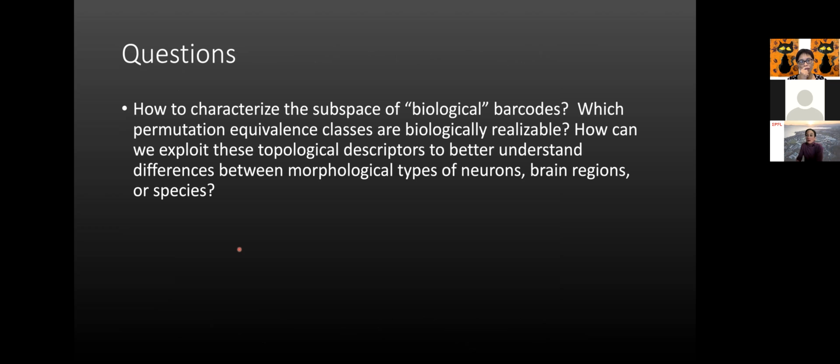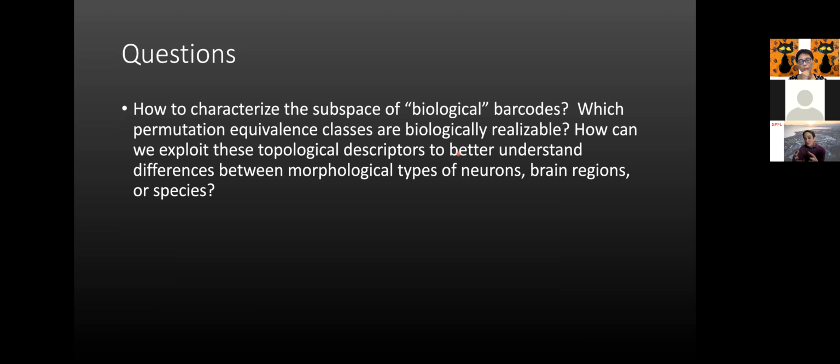So the questions we're interested in considering now are some on the order of biological. And this is where, if you're interested in trees for another reason, you could be interested in analogous questions. So clearly, not all barcodes are going to show up in the TMD of actual neurons. So how can we characterize those that do? Which particular permutation equivalence classes are actually realizable by geometric trees?